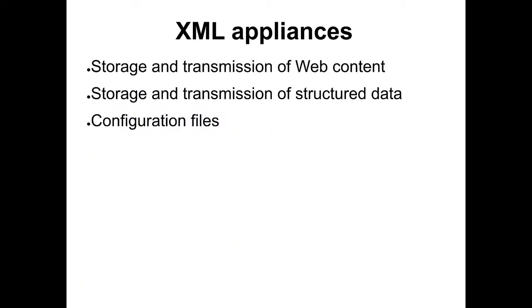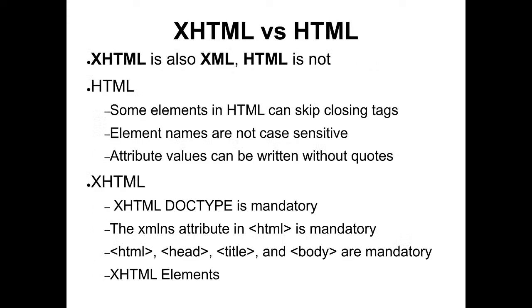Right, then there are some applications of XML: the storage and transmission of web content, storage and transmission of structured data, and configuration files. That was what I said. If we want to configure maybe some framework or some other structure, again, XML files can be used.